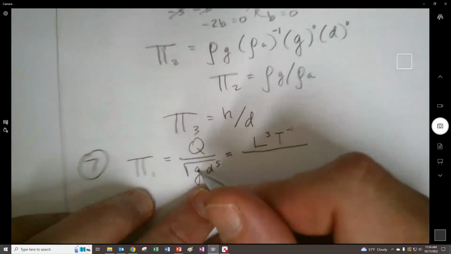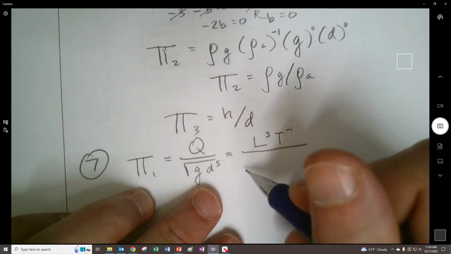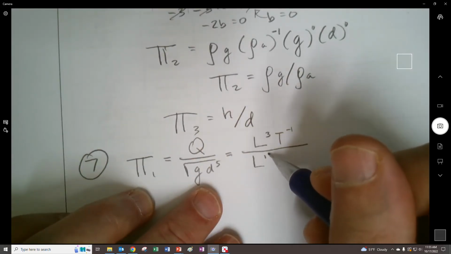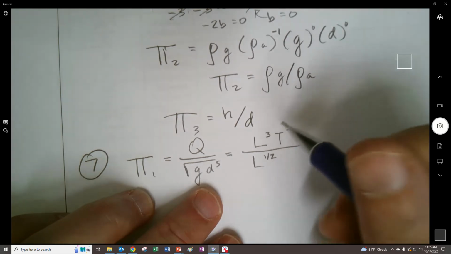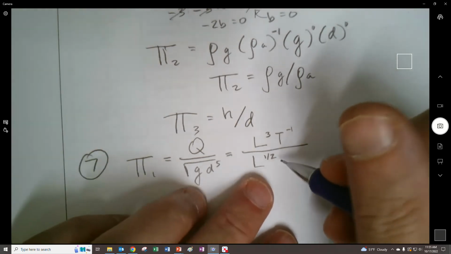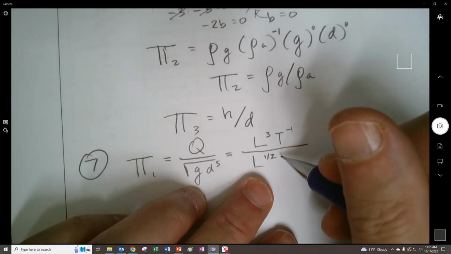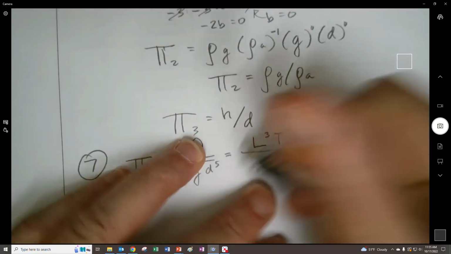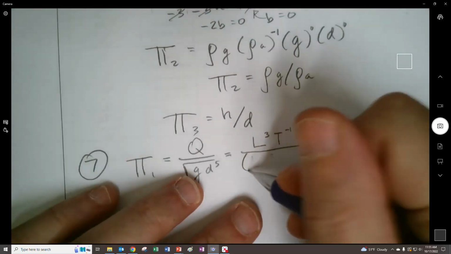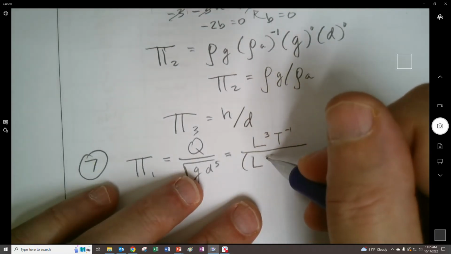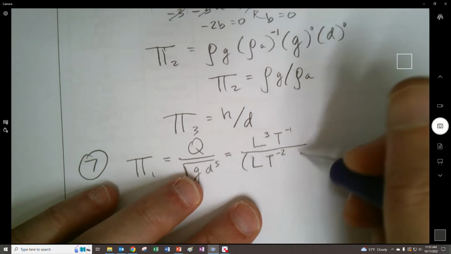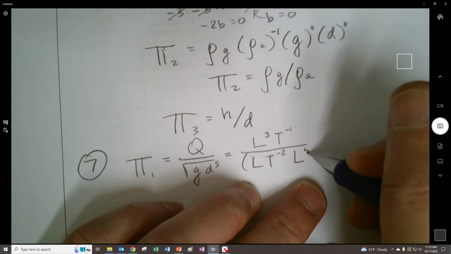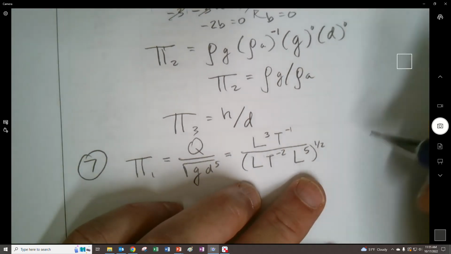We are going to have g square root of it, right? So it's going to be L to the 1/2. Now I don't like doing it that way. Let me keep this way. We go L and then T to the minus 2 and then L to the 5, but all raised to the 1/2.